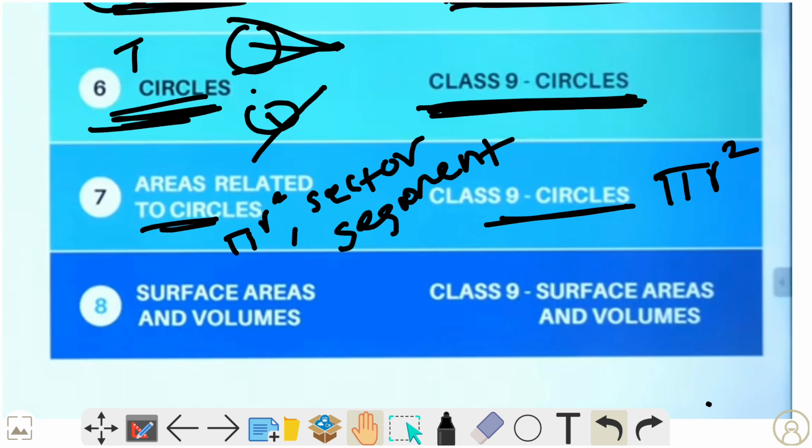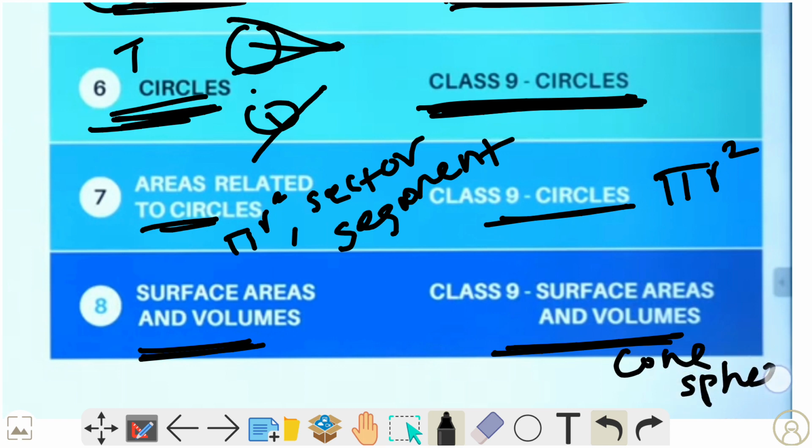Okay, next, the last one. In class 9 we have surface area and volumes, and here we have surface area and volume. So here you have a cone and sphere, and here you have solid forms. The surface area of combined solids, combination of solids, and volume of combined solids.